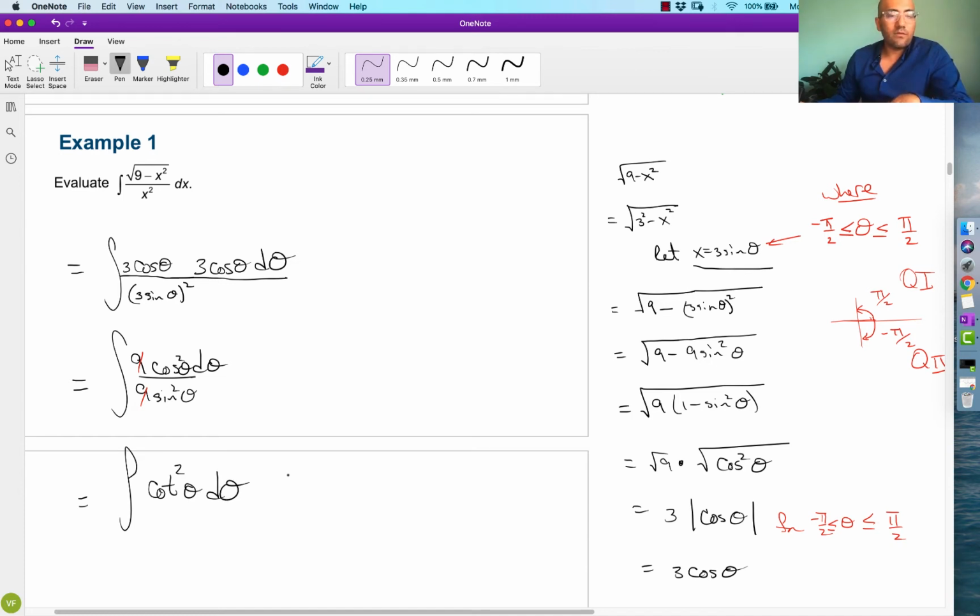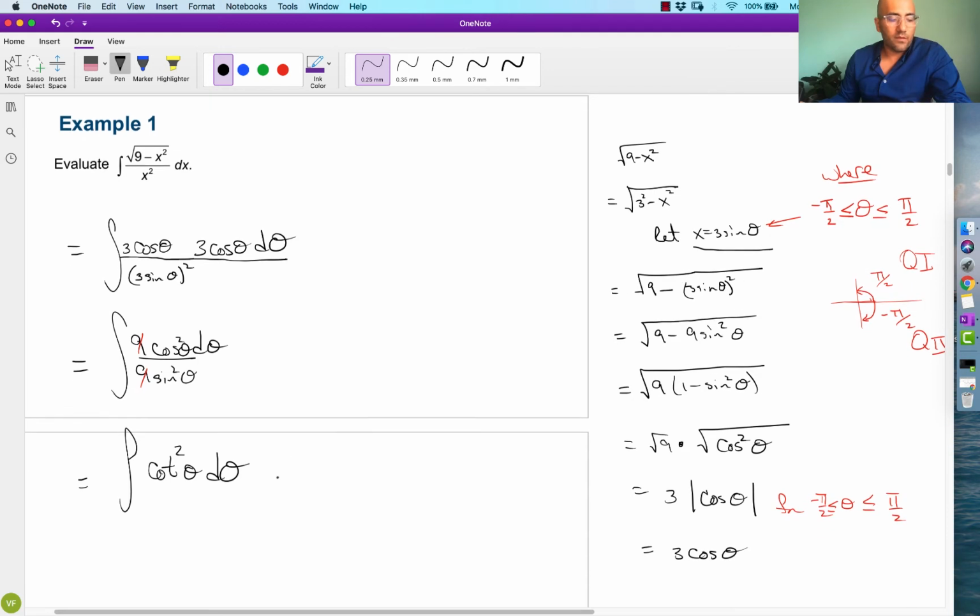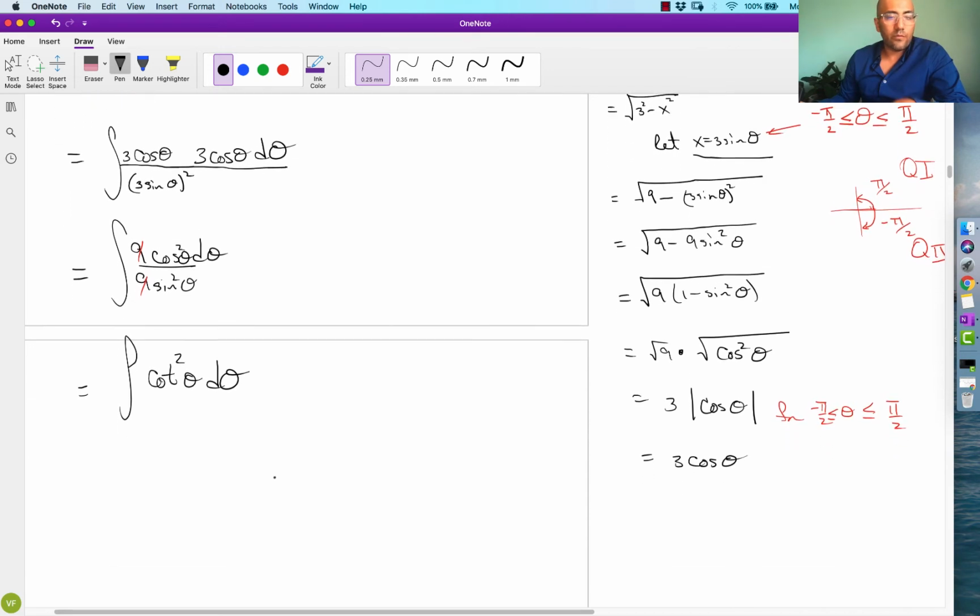And that's one of our known integrals. You may remember it. Or we can use our property that cotangent squared of theta plus 1 equals cosecant squared theta.